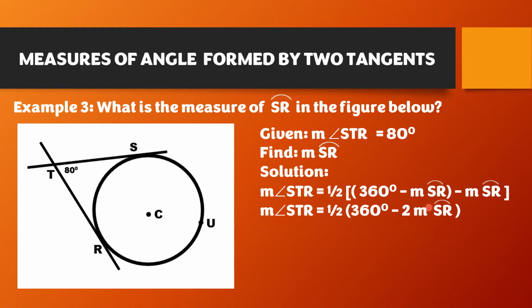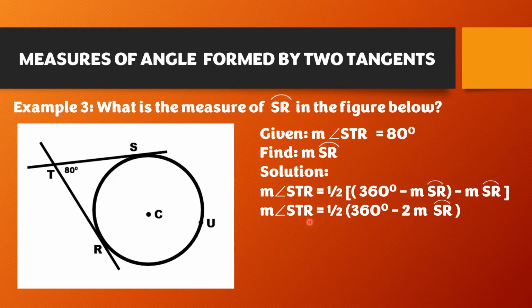Here we have 1 arc SR plus 1 arc SR is equal to 2 arc SR. And then simplify, we're going to get the half of 360 degrees and the half of 2 arc SR.